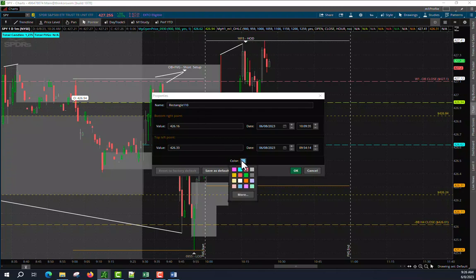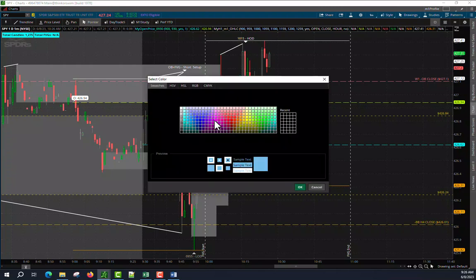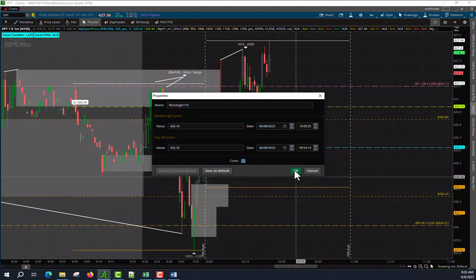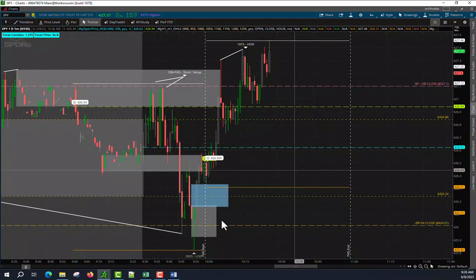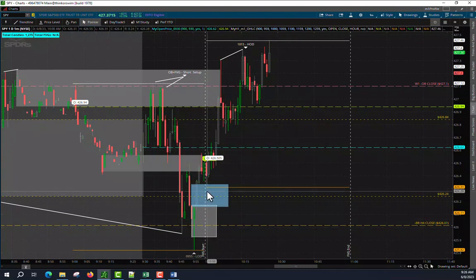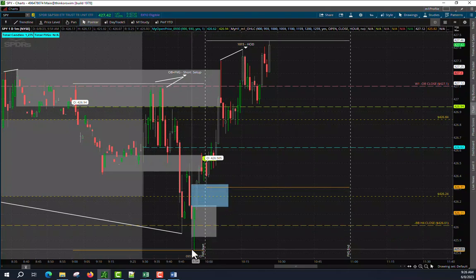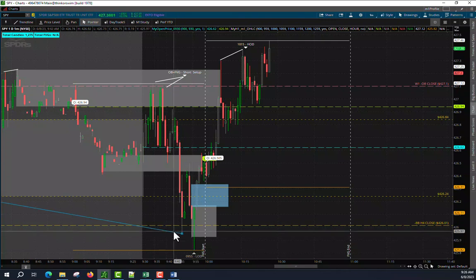I want to make it transparent so it looks better. Oh, beautiful trade right here, a long setup. You see fair value gap, order block, sell side liquidity taken. Wow, that's a high probability setup right there. Beautiful setup.